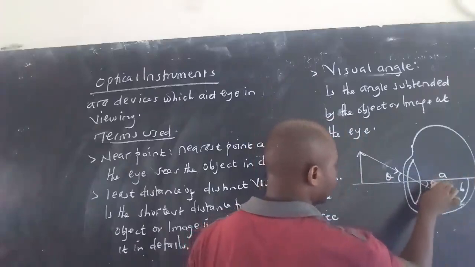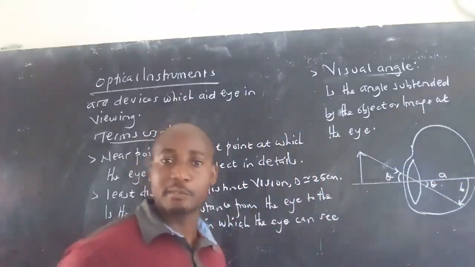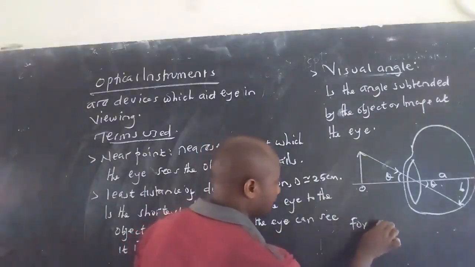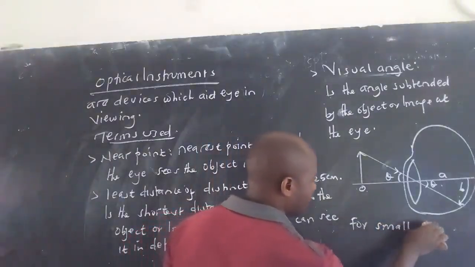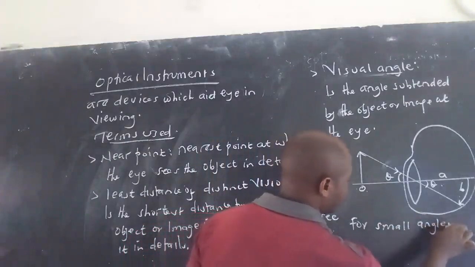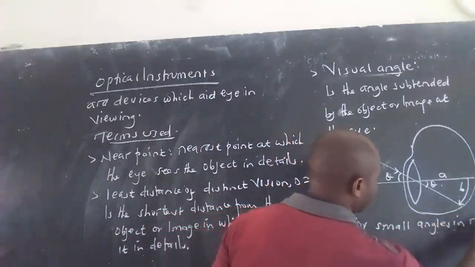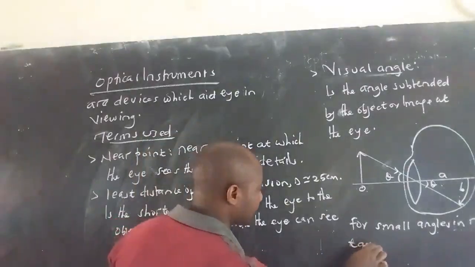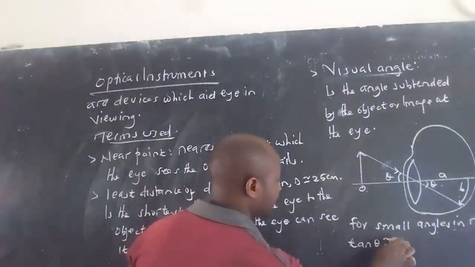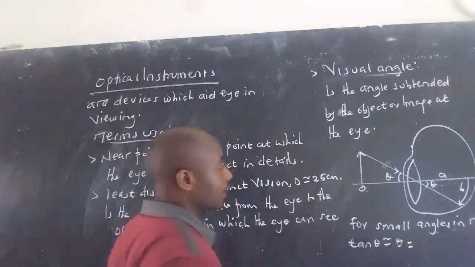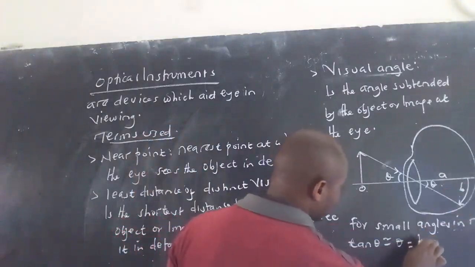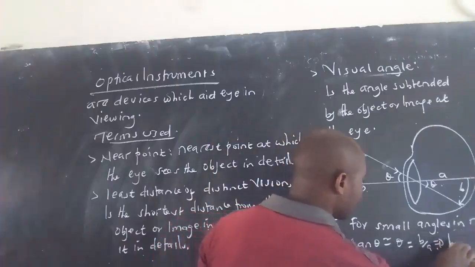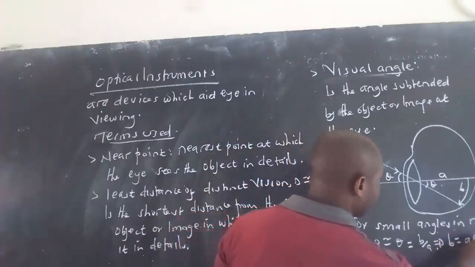Also, this angle is theta. So for small angles in radians, tan theta is approximately equal to theta, which is opposite over adjacent, that's B over A. So this implies that B becomes A theta.